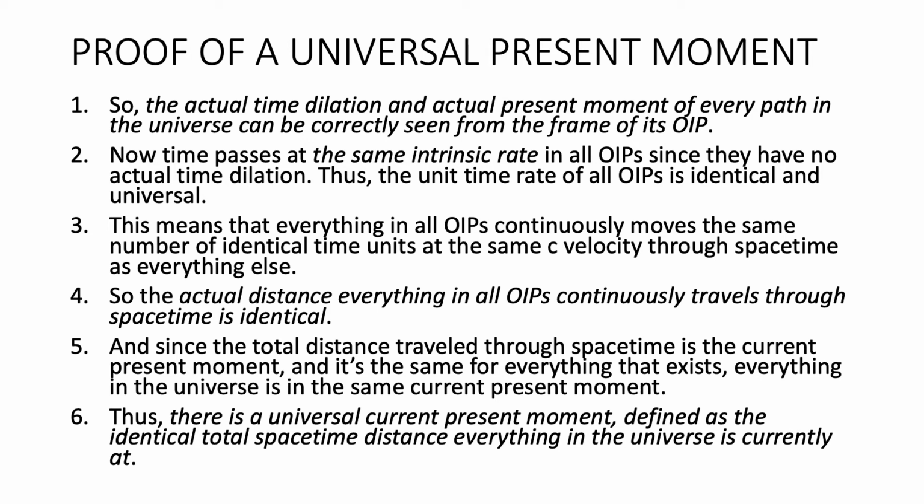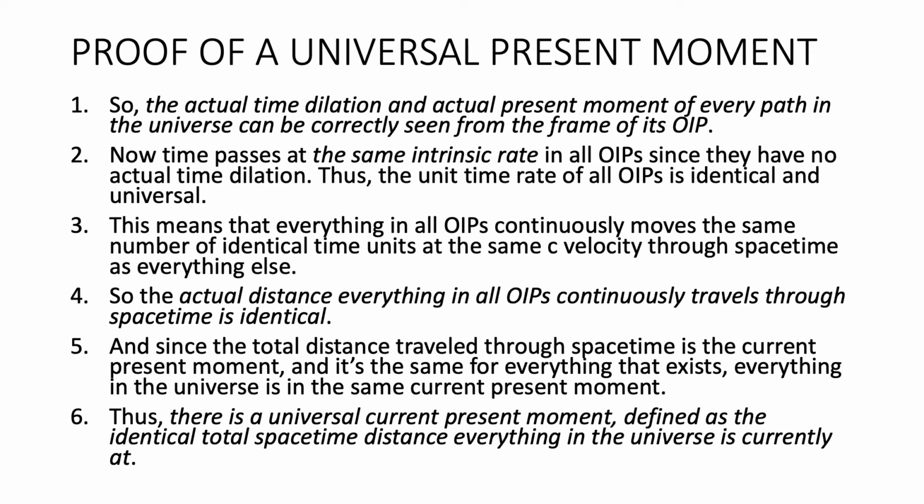So the actual distance everything in all OIPs continuously travels through space-time is identical. And since the total distance traveled through space-time is the current present moment, and it's the same for everything that exists, everything in the universe is in the same current present moment.